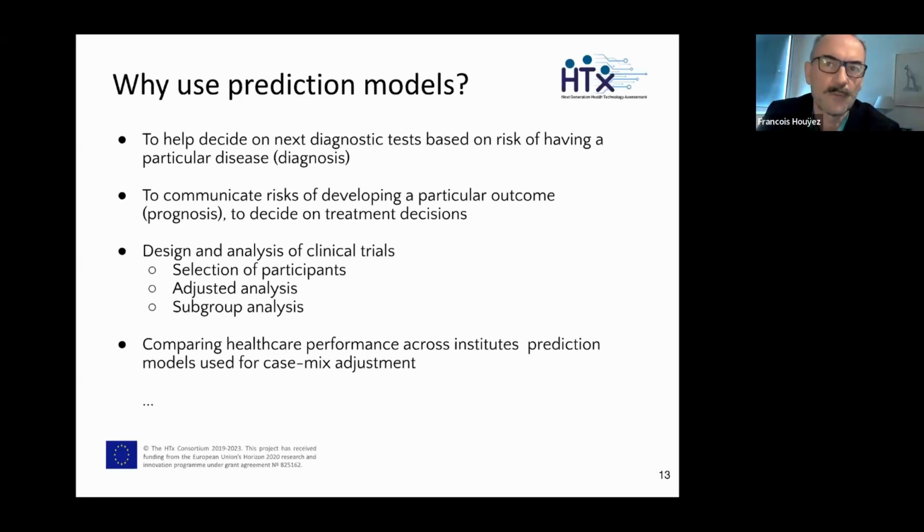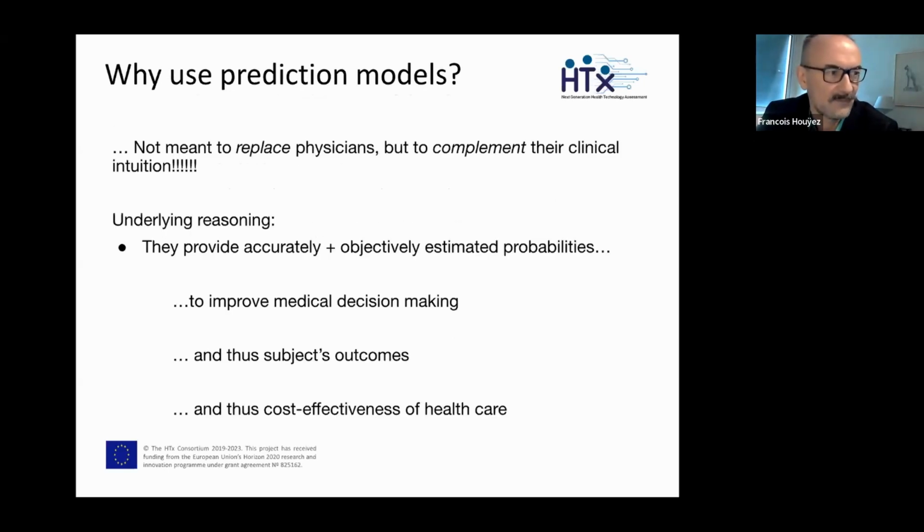So for example, on the previous slide with this model, no, even the one before.